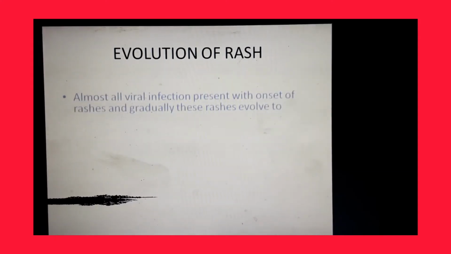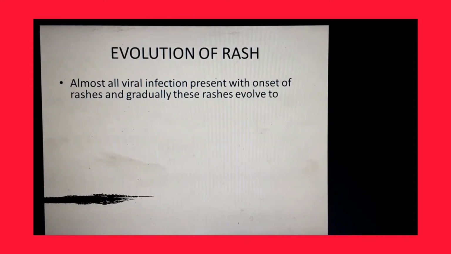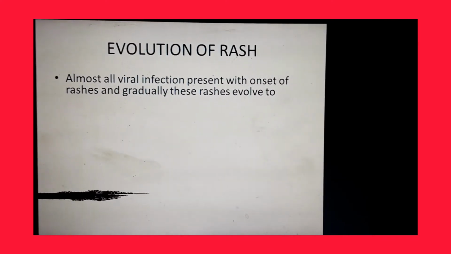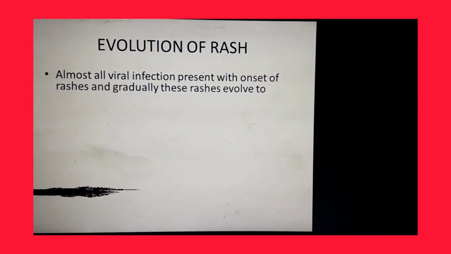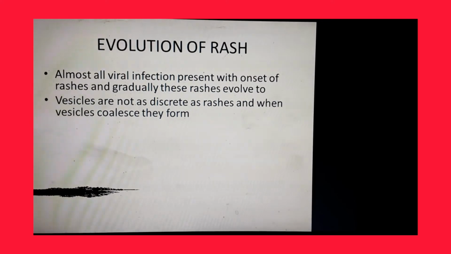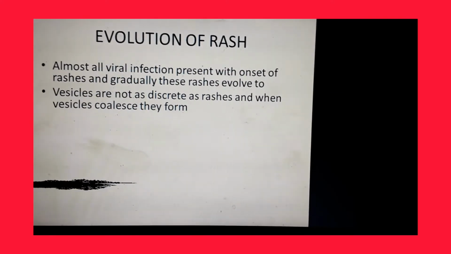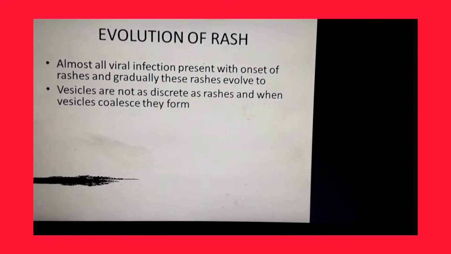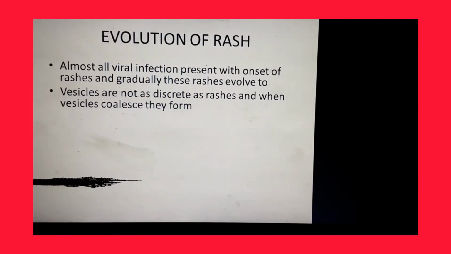When you talk about the evolution, almost all viral infections and bacterial infections present with onset of rashes, and gradually these rashes evolve to vesicles. They are still called rashes, but the vesicles are the ones that have a bottle type inside them. The bottle is clear and not as discrete as rashes.